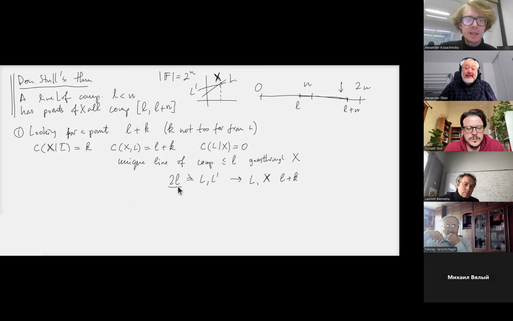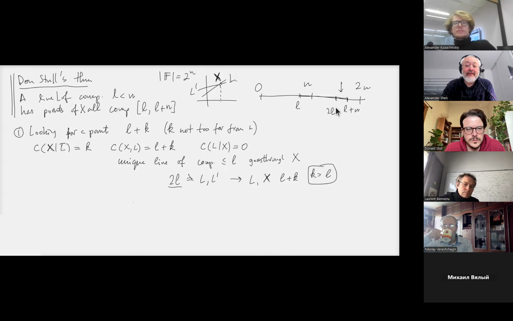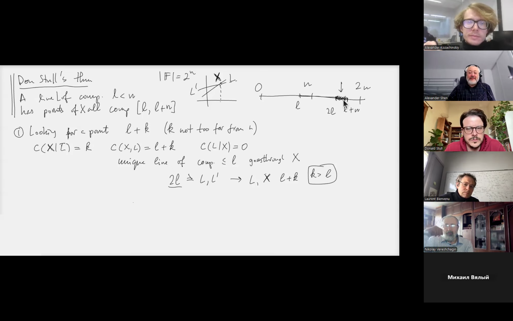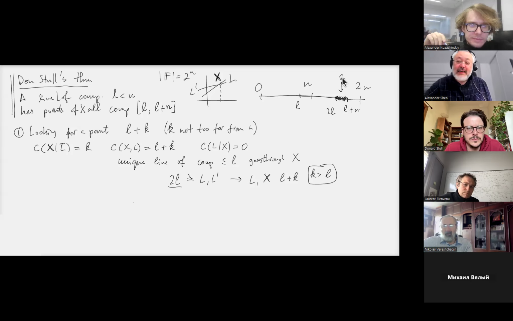So if L is smaller than k, it works. Here we have 2L and L plus n. So for this part, this works. And this is case number 1. Case number 2 will be here.